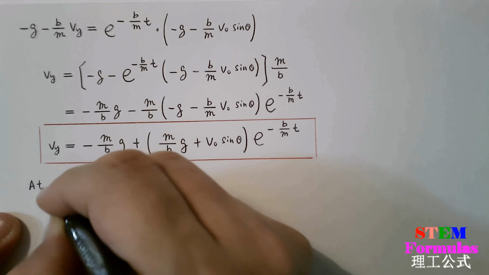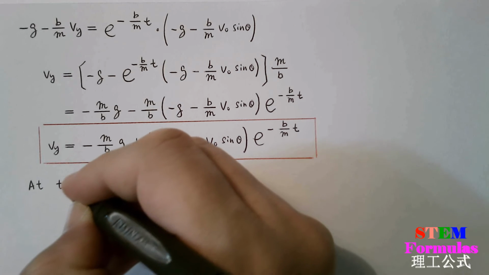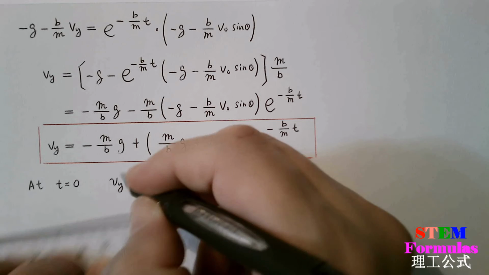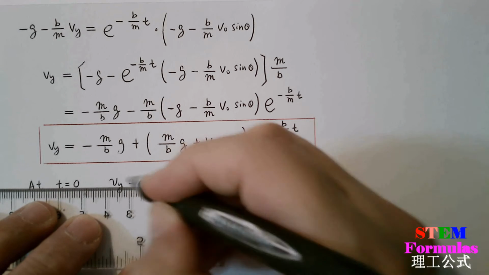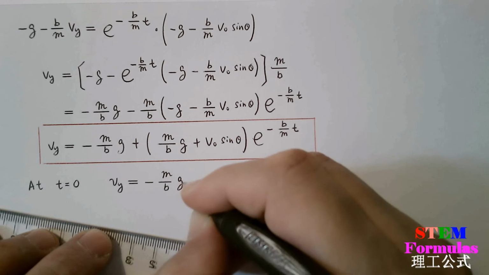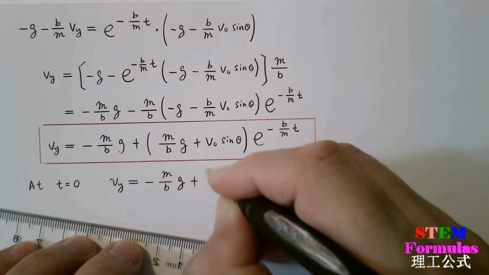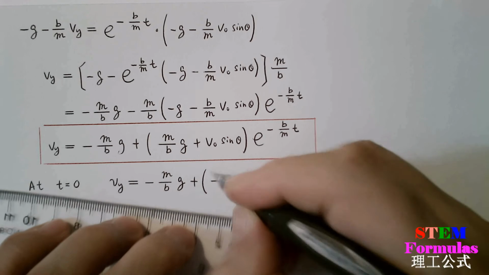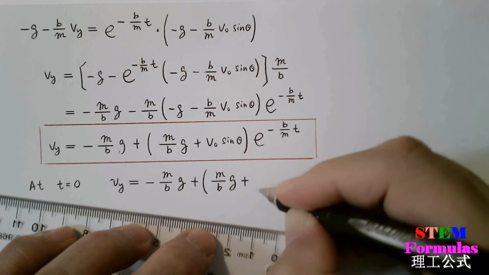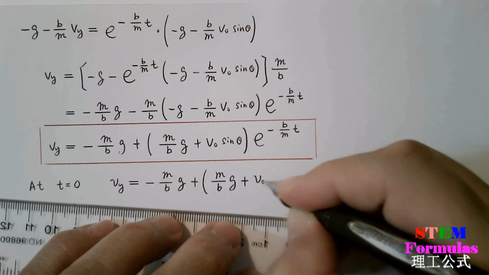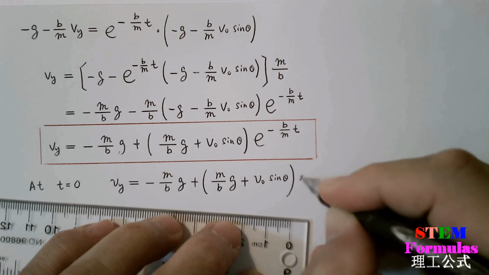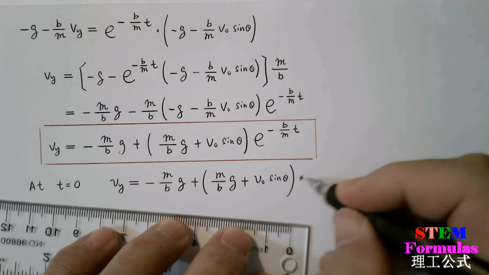At time equal to 0, Vy equal minus m b g plus bracket m b g plus V0 sine theta times e to the 0 is 1, times 1.